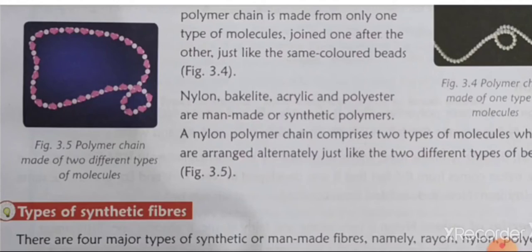In figure 3.5, beta, on the left hand side you can see white colored and pink colored beads. They are of different types of molecules. So a nylon polymer chain comprises two types of molecules which are arranged alternately, एक के बाद एक, just like two different types of beads. Figure 3.5.